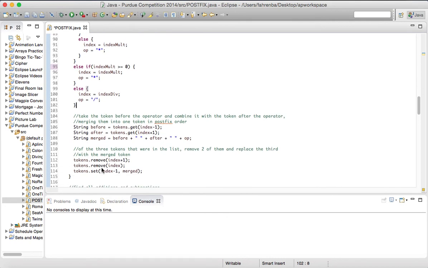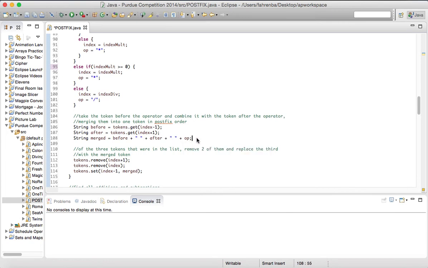Okay, so now I do the thing that I described above, which is that I get the token that's to the left of the operator, and I get the token that's to the right of the operator, and then I combine them together with spaces, and then the operator that I found afterwards.